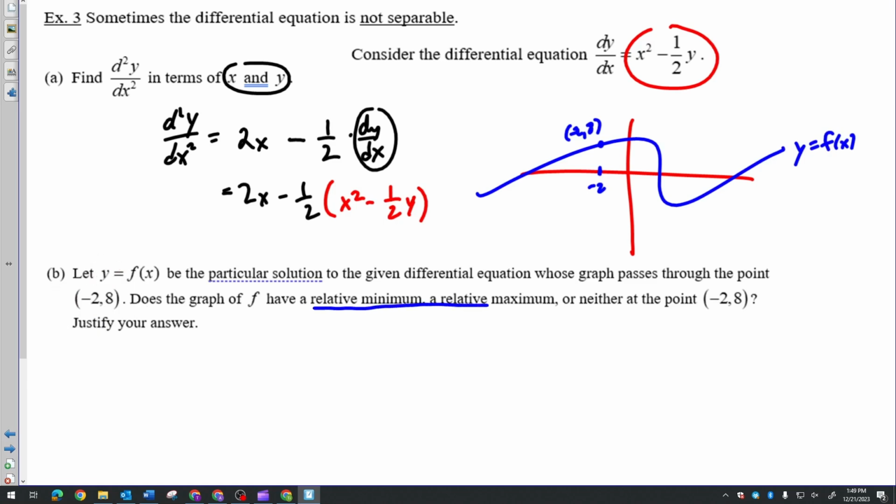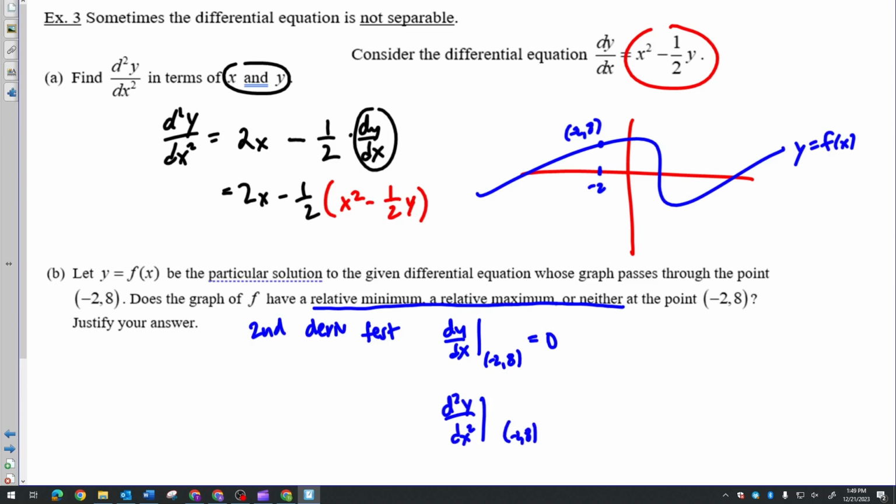And what are they trying to get at? Whenever you see this phrase, not always, but a lot of times, it is what's called the second derivative test. The second derivative test says, if you find dy dx at your point, negative 2, 8, and that is equal to 0, and then you find the second derivative at that same point, and that is equal to a positive number, then your first derivative is 0, which happens at mins and maxes, possibly at horizontal tangent lines.